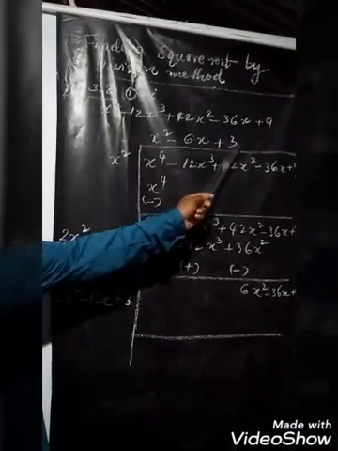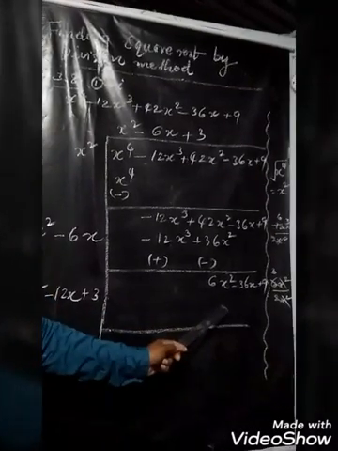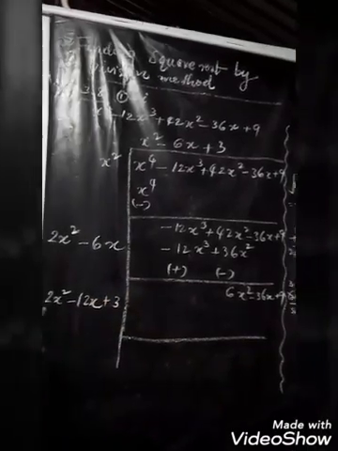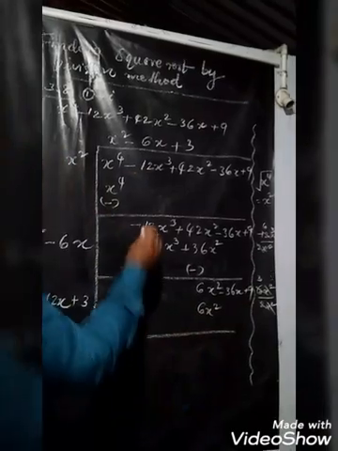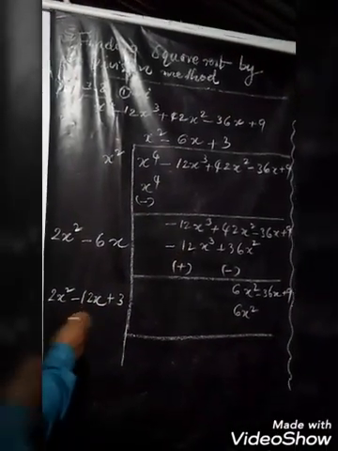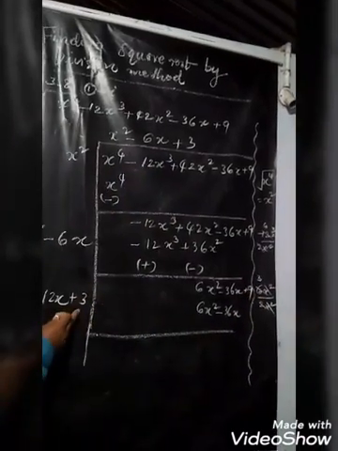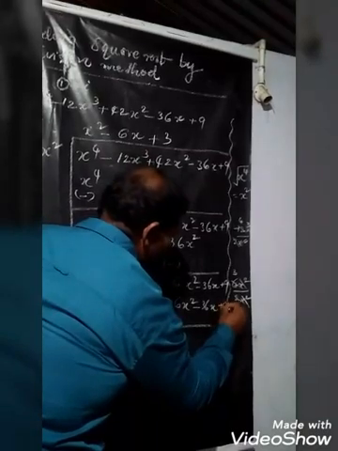So multiply these 3 with the 3 terms here, and the result you write under this 6x square minus 36x plus 9. Okay. 3 into 2, 6x square. 3 into minus 12, minus 36x. Then 3 into 3, 9, plus 9.